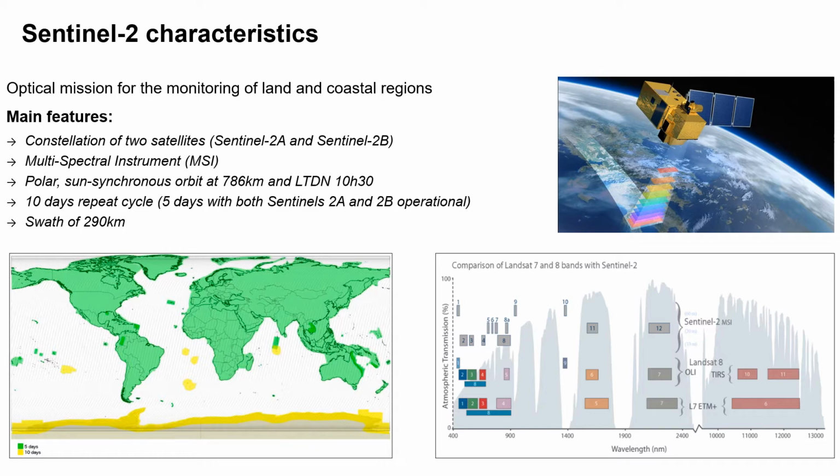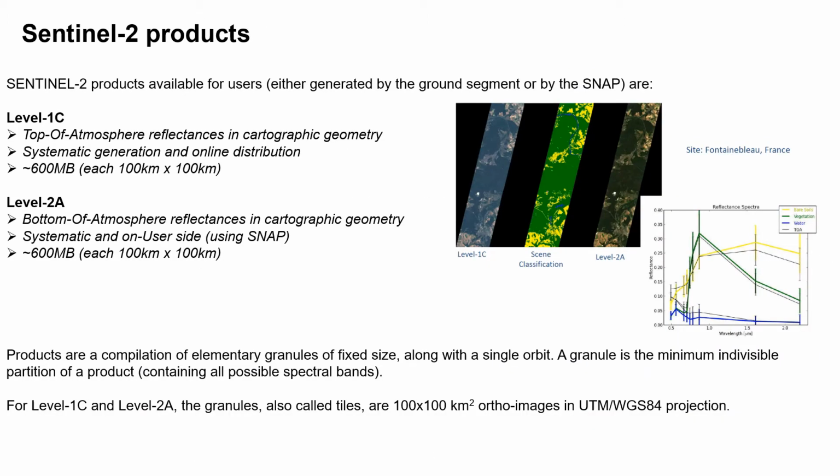Here we can see the map of Sentinel-2 coverage. So practically you see that we have whole land and coastal areas covered by Sentinel-2 systematic image acquisition, and even the islands. We have 2 levels of Sentinel-2 products, level 1C and level 2A, distributed in 100 km by 100 km granules, which are the minimum indivisible parts of the product.